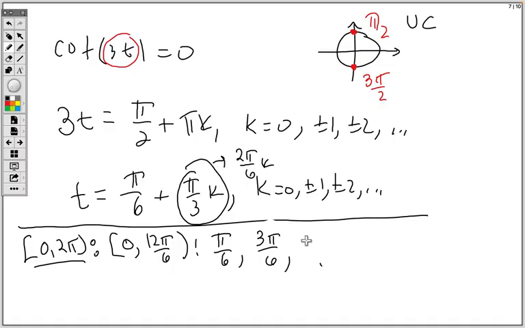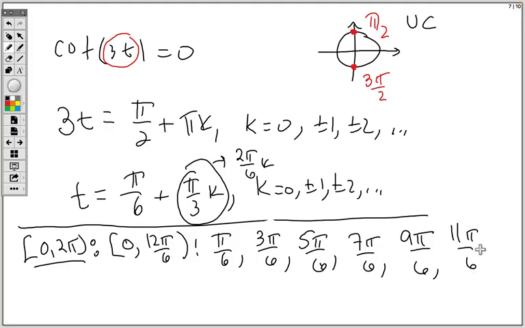Adding another 2 pi over 6 would get me to 5 pi over 6. Another 2 pi over 6 would get me to 7 pi over 6. And then 9 pi over 6, 11 pi over 6. And then if I went one more of these pi over 3 k's, if I add in another 2 pi over 6, I'd have gone beyond the 12 pi over 6 or the 2 pi.